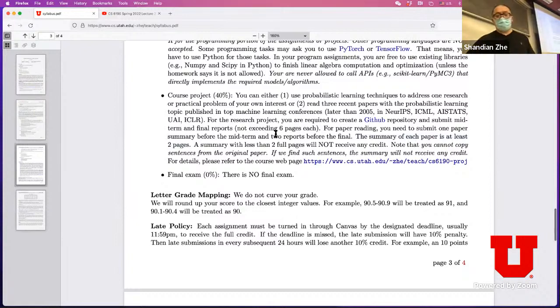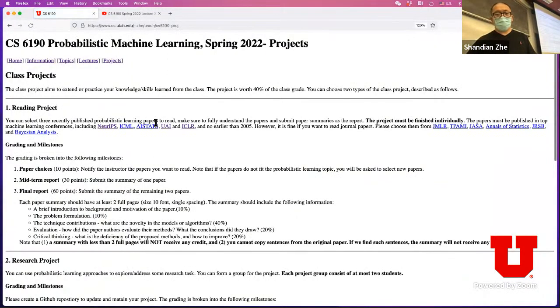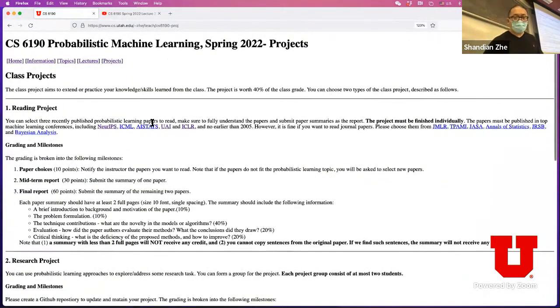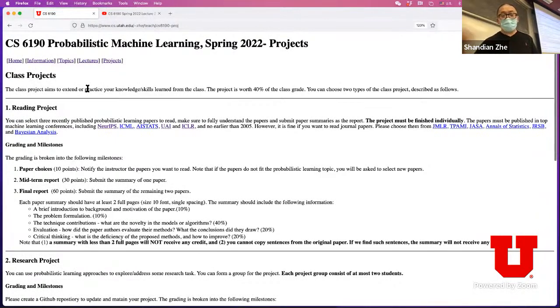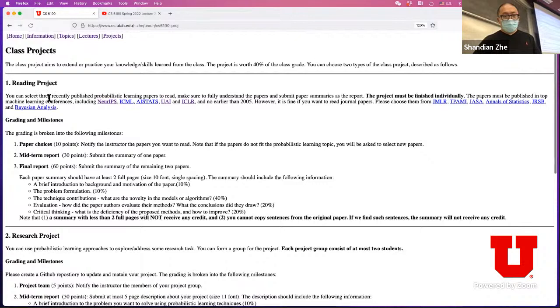So now let's go to the course project web page to see a little bit more detail, to give a sense of how we're going to grade your projects. Here, again, we list the 5 top machine learning venues from which you can select the 3 papers you want to go through.